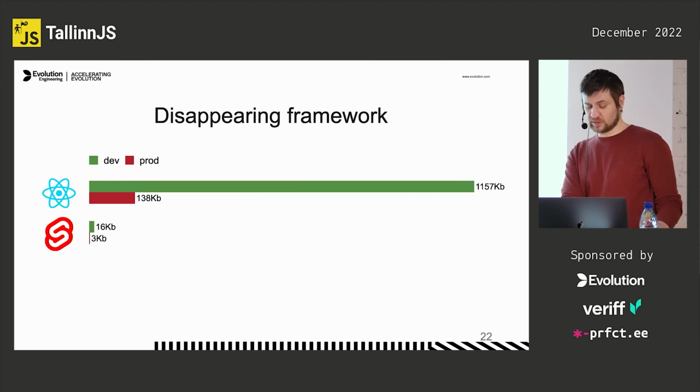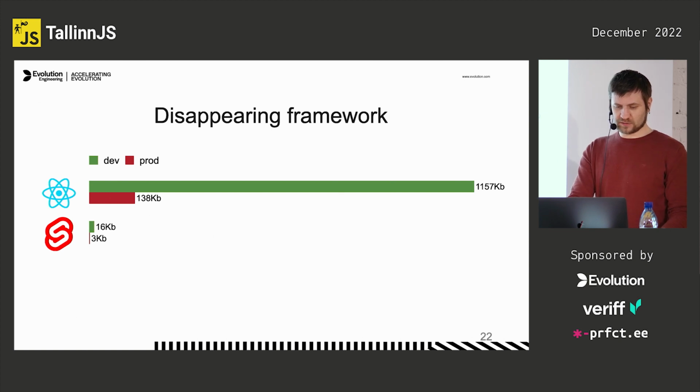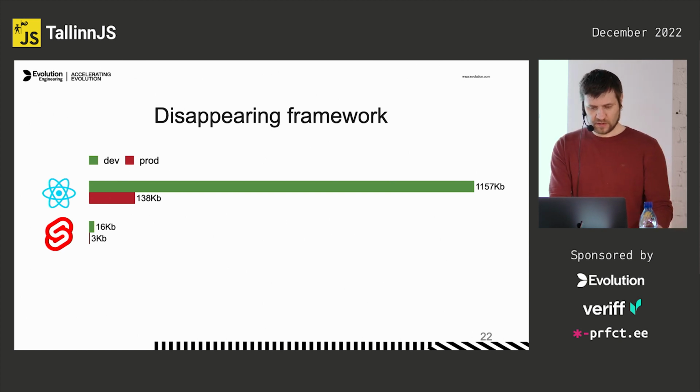For example, if we use React in development mode, we have more than 1 megabyte of code. In production, we have 138 kilobytes.